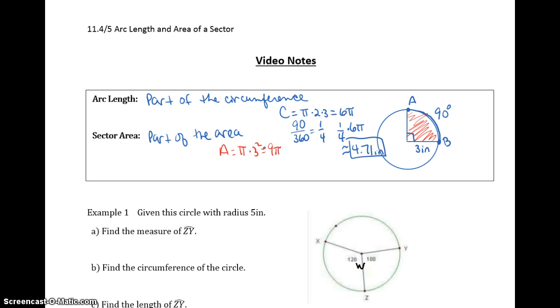But we don't want the whole circle, we want just this part formed by the 90 degrees. Again, that's a fourth of the circle, because 90 divided by 360 is a fourth. So we do a fourth times 9 pi. And again, if you type that in your calculator, doing 1/4 times 9 times 3.14, you get about 7.1. And since it's area, we'll say it's inches squared.